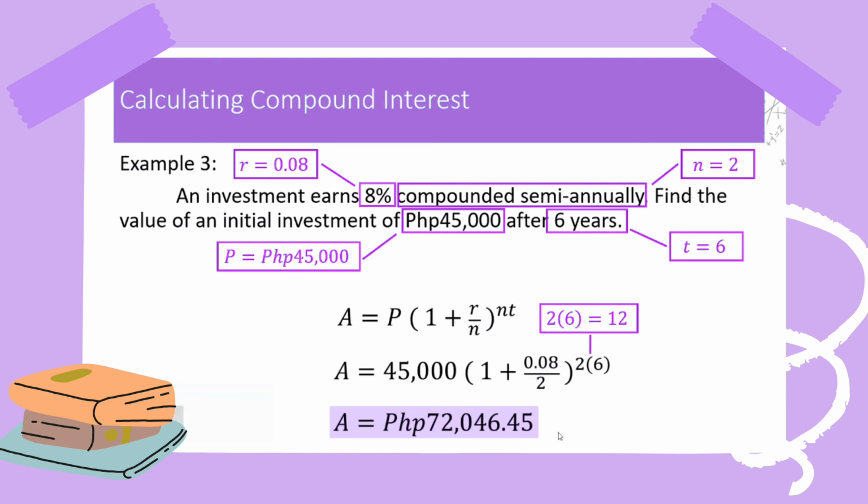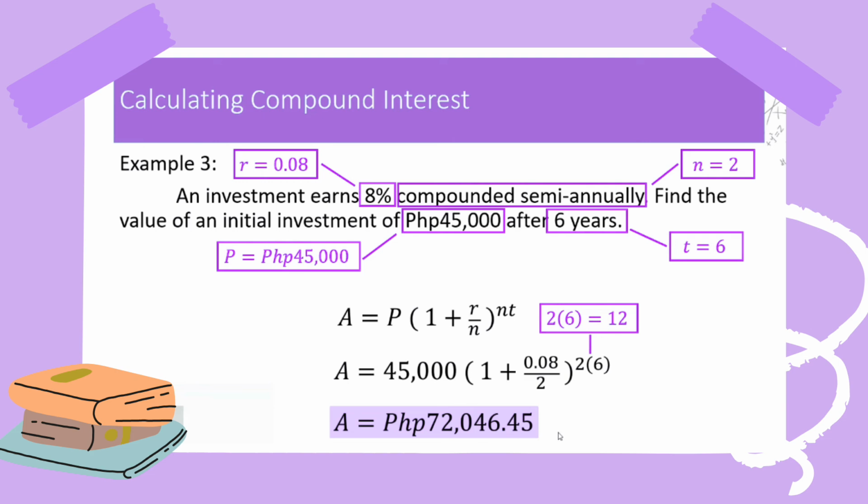We'll use the same formula for compound interest, where A is equals to total amount after interest, P is equals to principal or starting amount, R is equals to annual rate in decimal form, N is equals to how many times the interest is added in 1 year, T is equals to time in years.